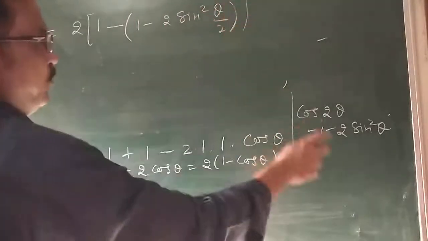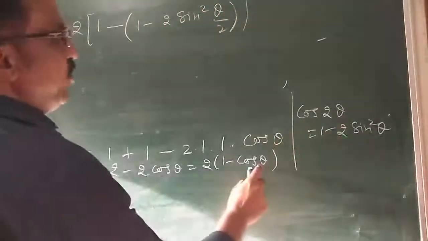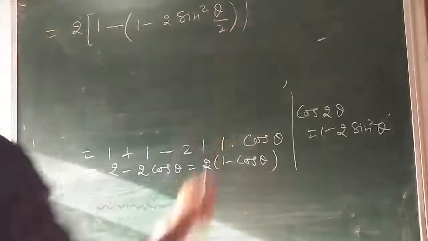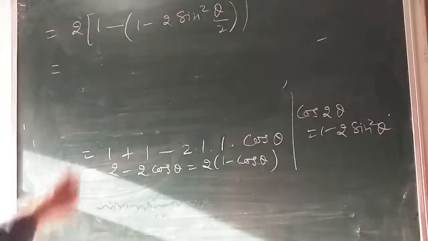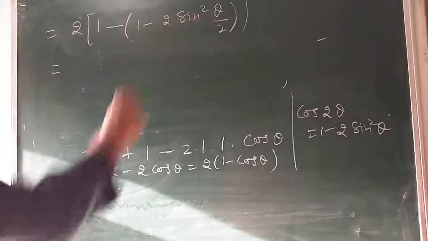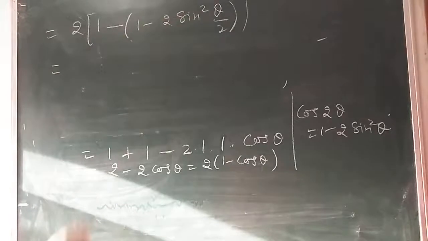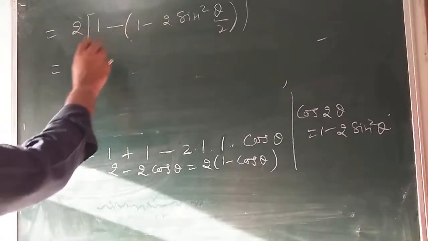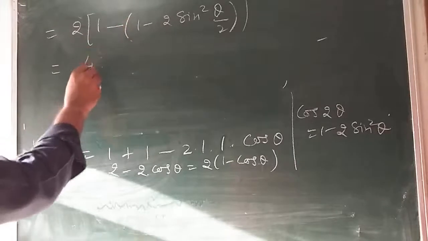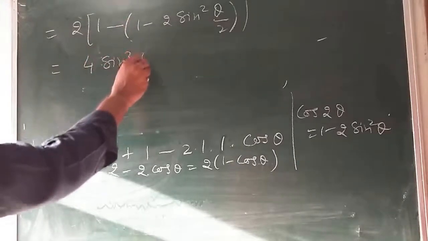Because here is 2 theta, and I have here theta, so here is theta by 2. So what is this? 1 minus 1 minus 2 sin square theta by 2. So what is that? 1 minus 1 cancel, only 4 sin square theta by 2.